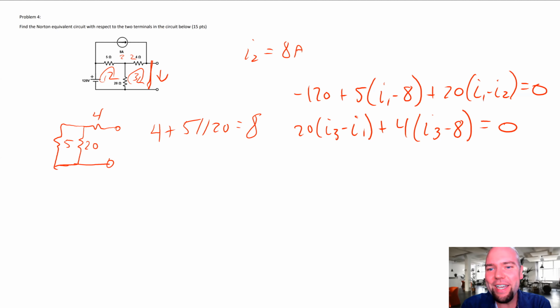All right, so for the first equation, we got 25 I1 minus 20 I2 equals 120 plus 40, that's 160.